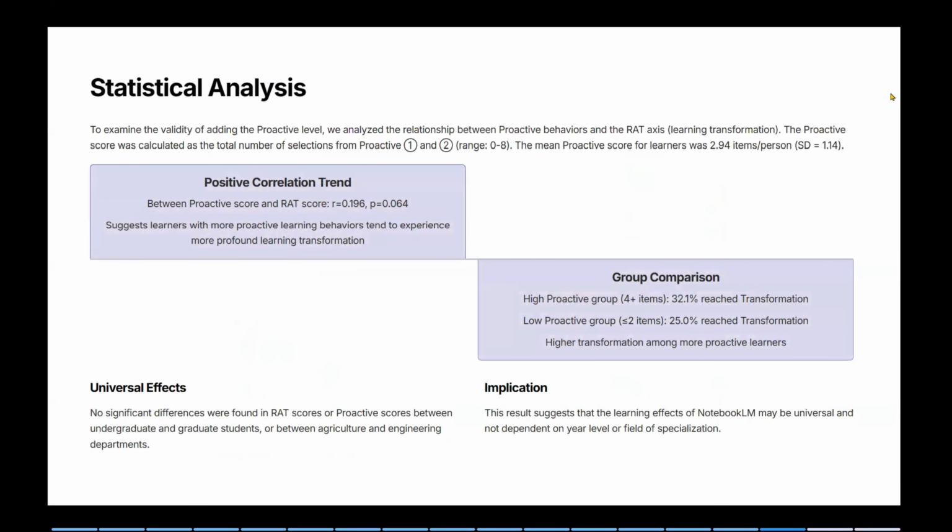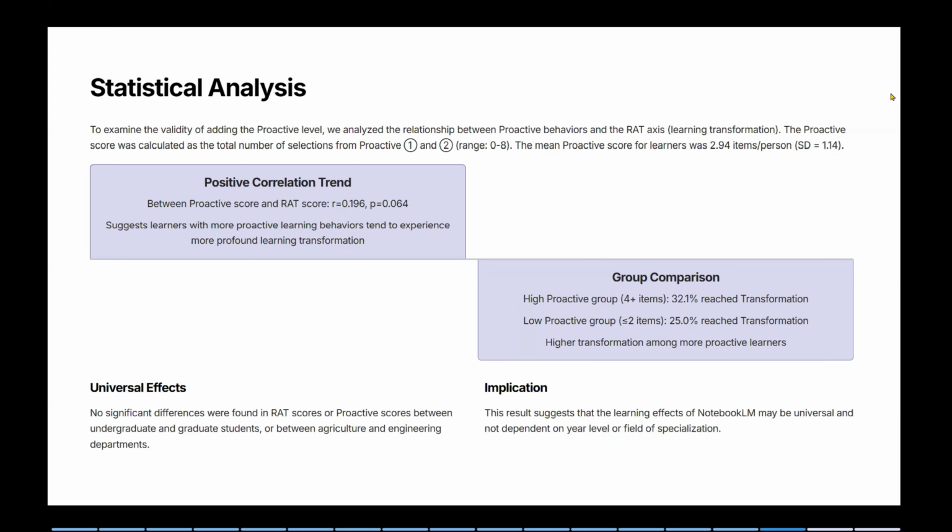We did statistical analysis to test our model. We calculated a proactive score for each student. The average was 2.94 items per person. Key findings. There is a positive correlation between proactive and LAT. R equals 0.196, the P equals 0.064.